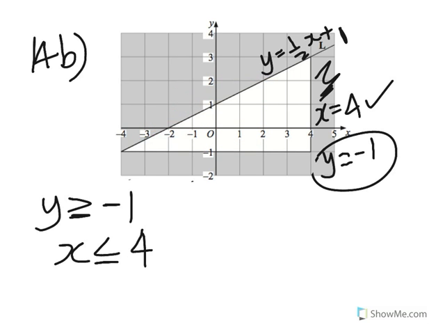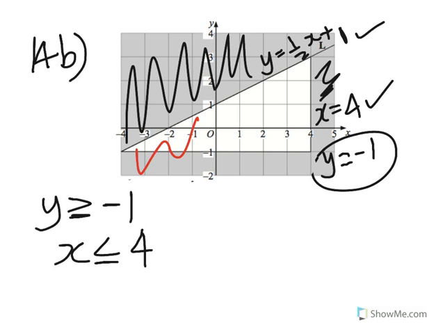Now, let's finally look at the most tricky part, which is this line. Anything above a line is y greater than whatever the equation is. Anything below the line is y less than whatever the equation is. In this case, we don't want anything above the line, and we want everything below the line.